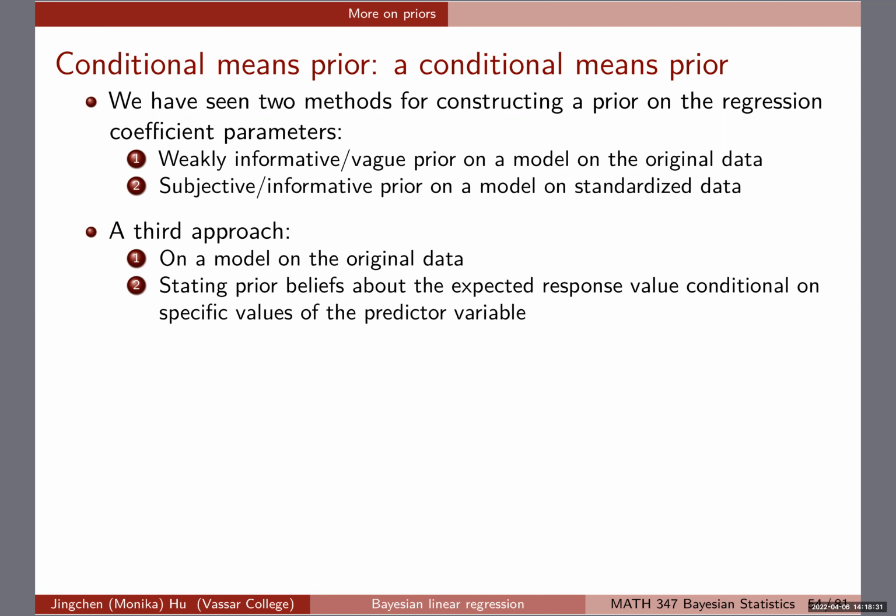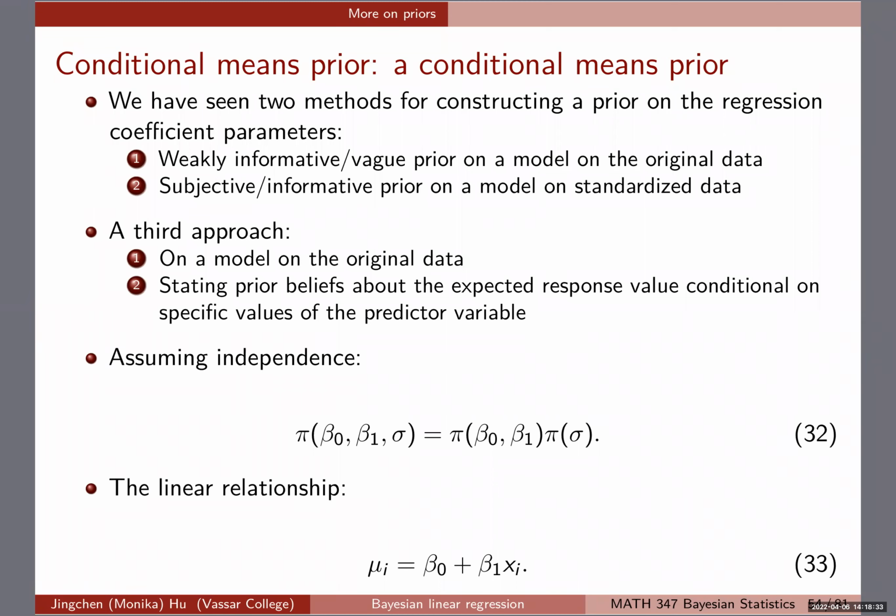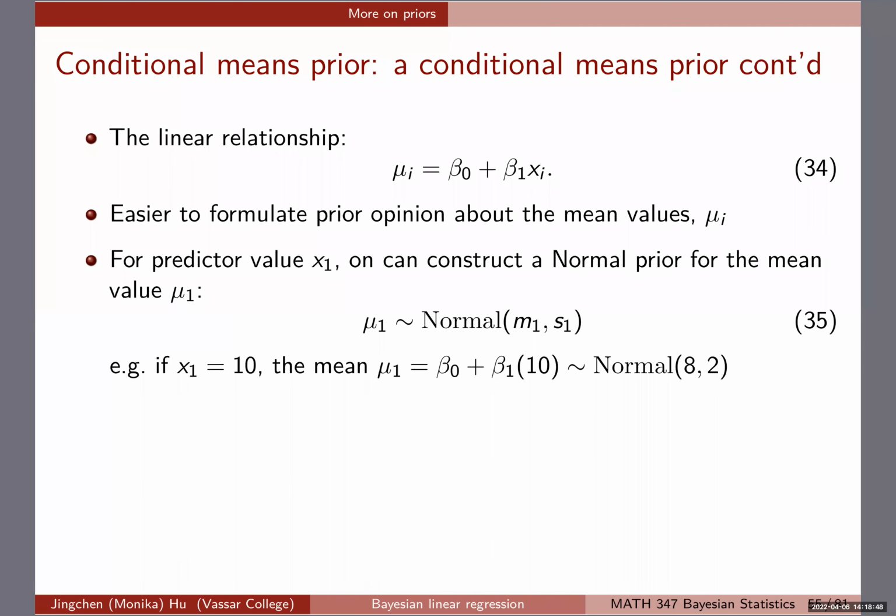Okay. So let me show you what we mean by that. First of all, we're assuming independence, so everything will be simpler. And the linear relationship is very familiar. At this point, we have mu_i equals beta 0 plus beta 1 times x_i. That's the usual setup of what we have. So for the conditional means prior, we can try to formulate prior belief or prior opinion about the mean values, mu_i.